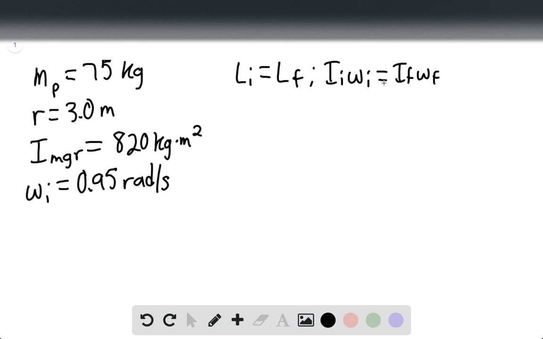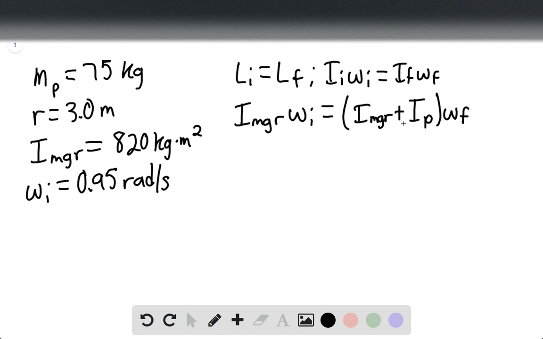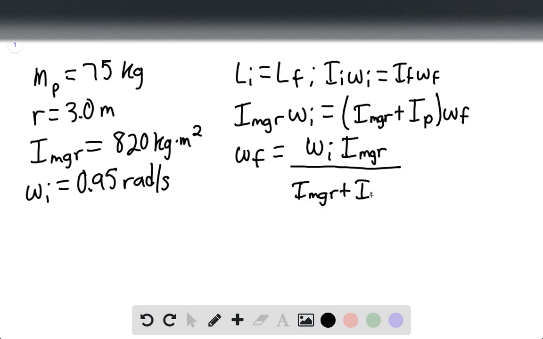We're trying to find omega final, so we can further define this: I of the merry-go-round times omega initial will equal the moment of inertia of the merry-go-round plus the moment of inertia of the person, times the final angular velocity. So omega final is going to be equal to omega initial times the moment of inertia of the merry-go-round, divided by the moment of inertia of the merry-go-round plus the moment of inertia of the person.